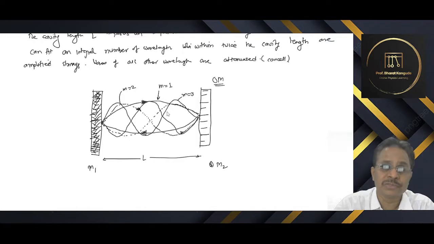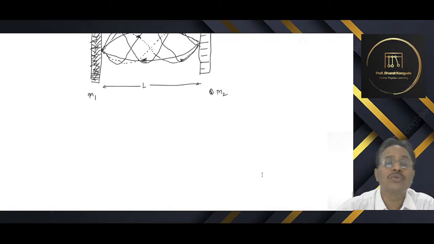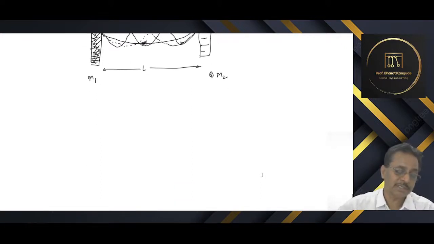Otherwise, all other waves which have a lambda not satisfying this condition twice mu L is equal to m lambda are not supposed to go for this oscillation as well as amplification.